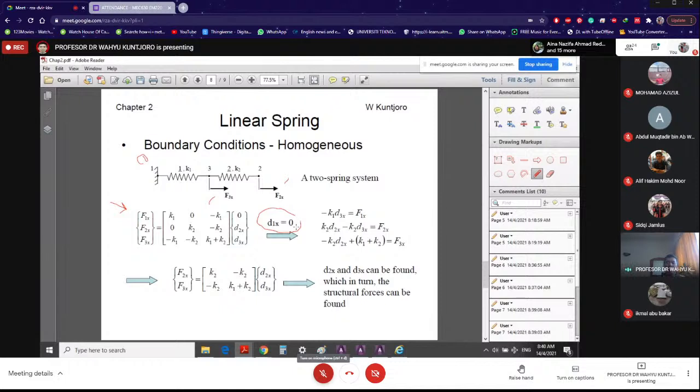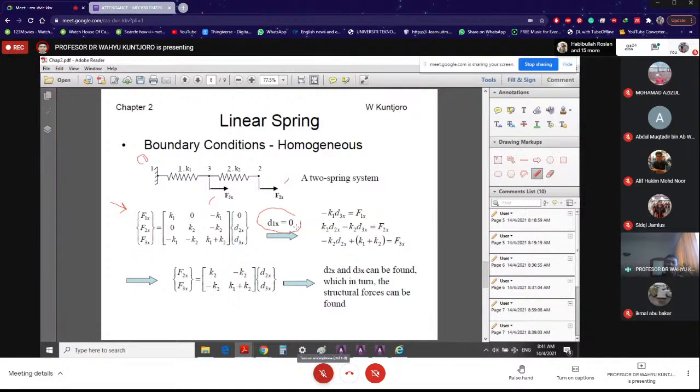So I can say that node number one, in x direction, the displacement is 0, d1x. Displacement node number one in x direction is 0. Remember, if I'm not mistaken, the first quiz that we do, I asked you what you understand about d1x or d4y, whatever it is.